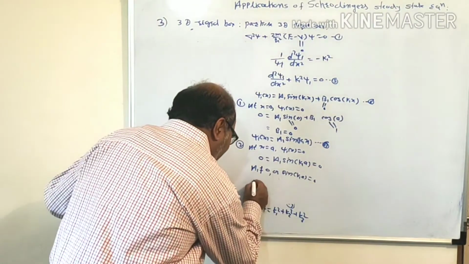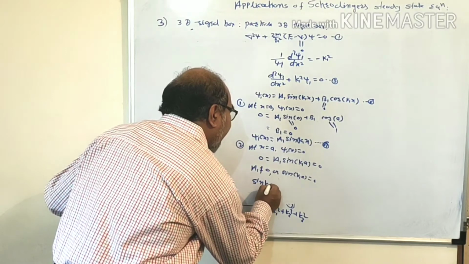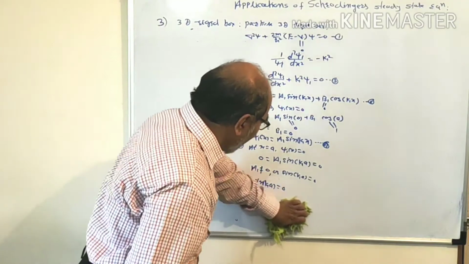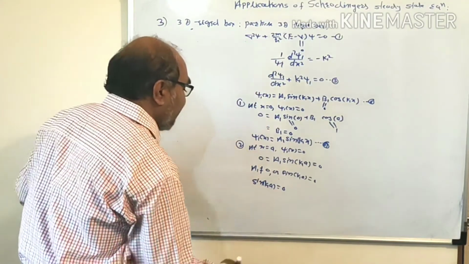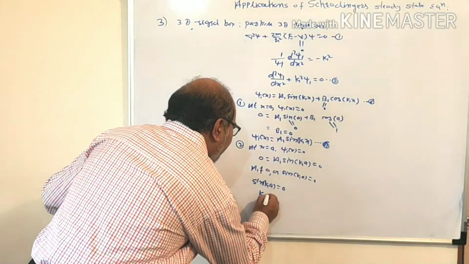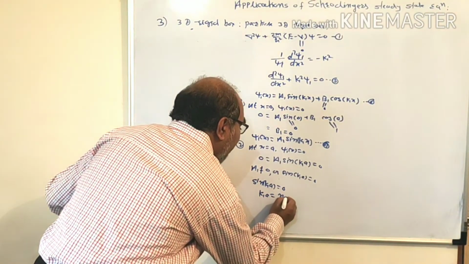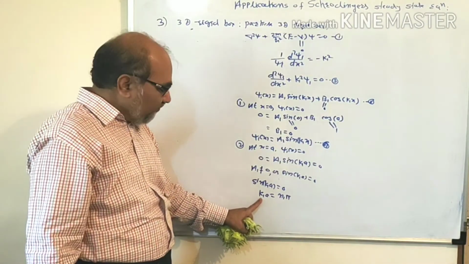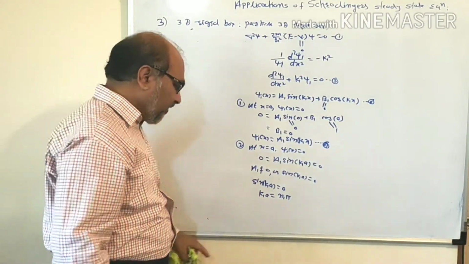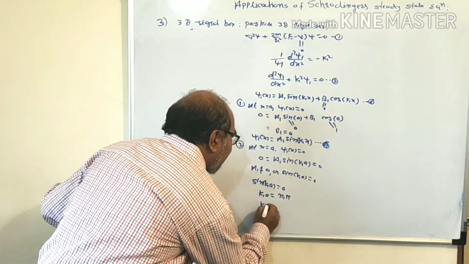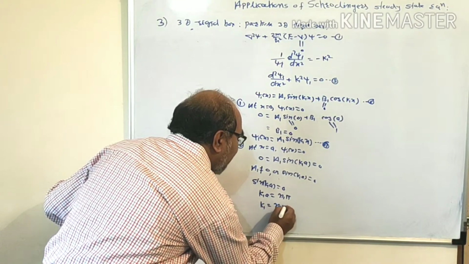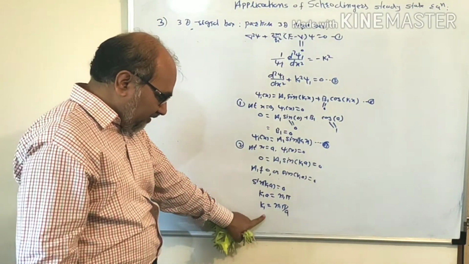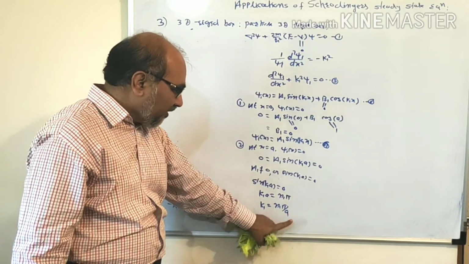What is the value of k1a? k1a is equal to n1 pi, and therefore the value of k1 is equal to n1 pi by a.